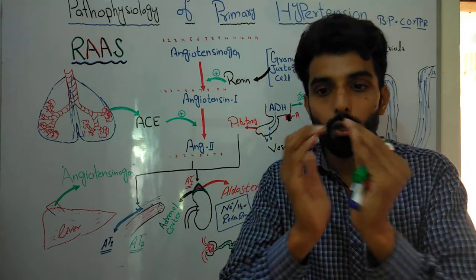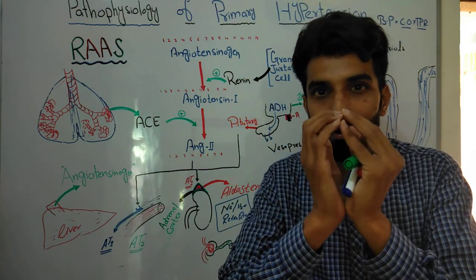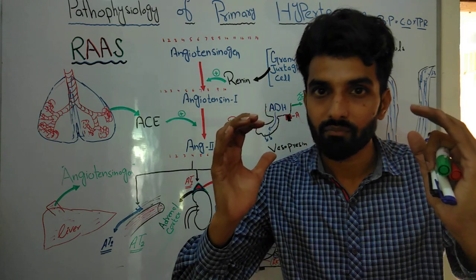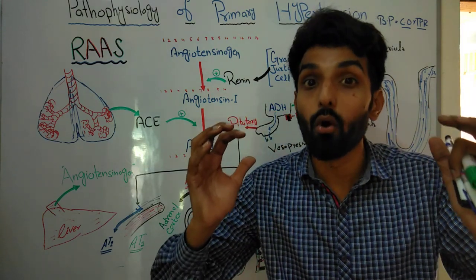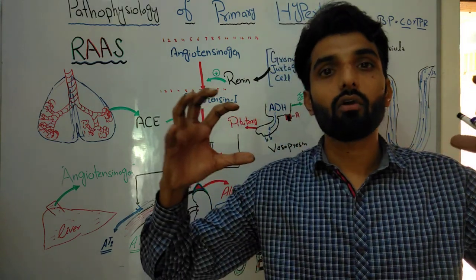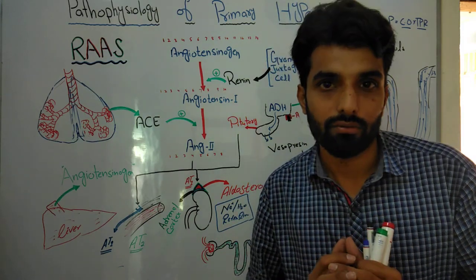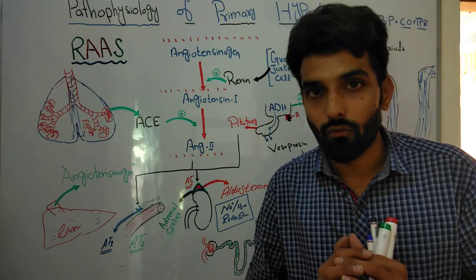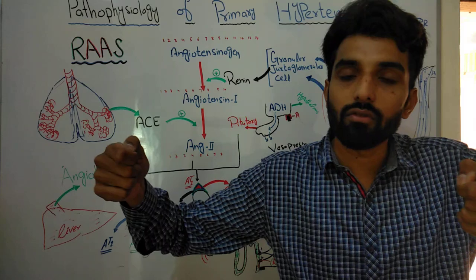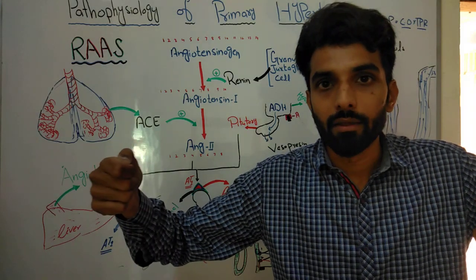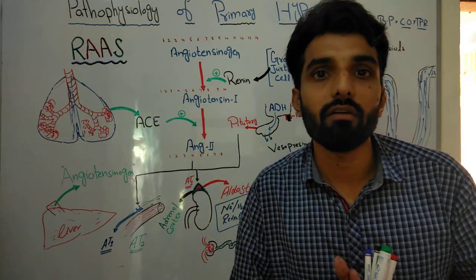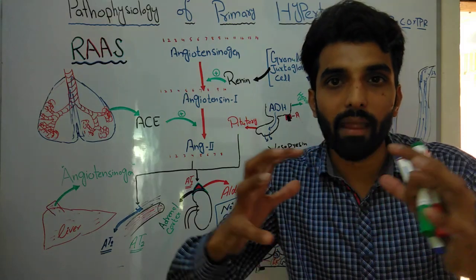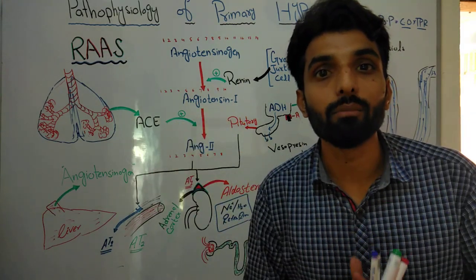When more blood will go into the ventricle, ventricles will expand more. When ventricles will expand more, obviously they will contract back with more force. Obviously, if you will expand one rubber band more, it will contract with more power. Similarly, when ventricles will expand more, they will contract back with more force.